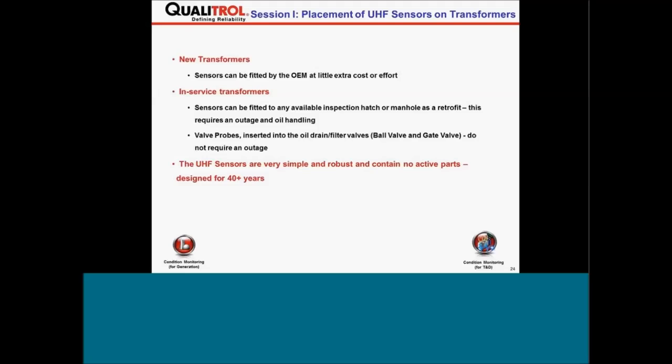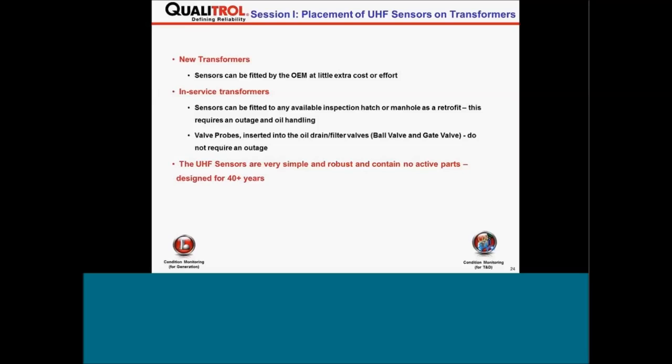In-service transformers become a bit more difficult. Clearly we try not to have any oil work, so we'd first look to see where the drain valves are, any other valves that we could use, using any hatch covers at the top of the tank, so that very little oil work is required.